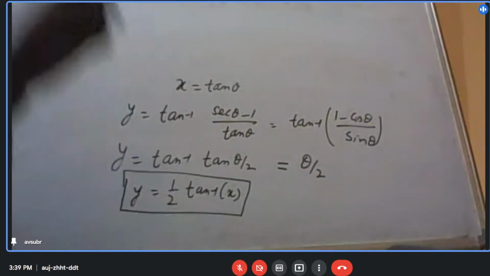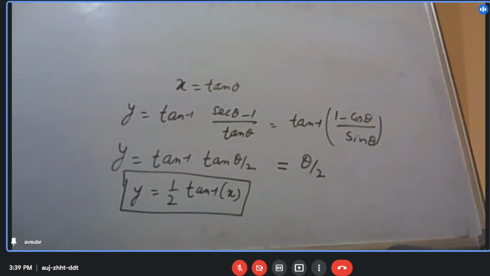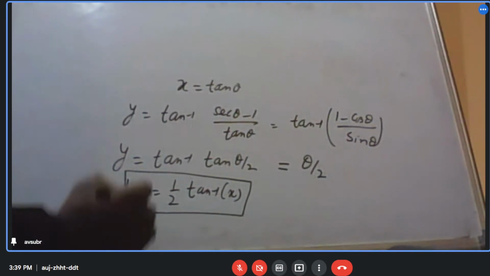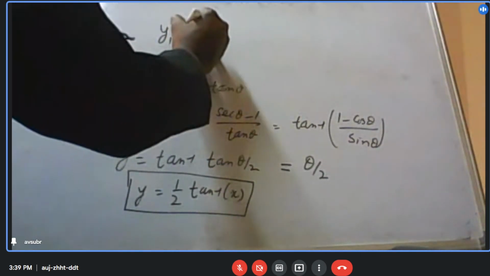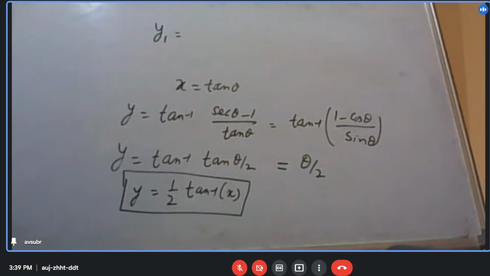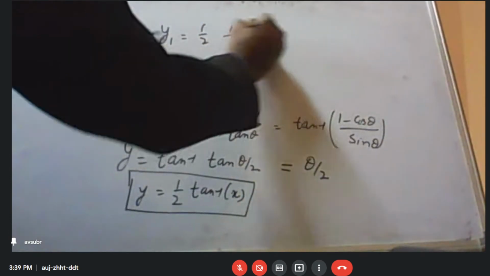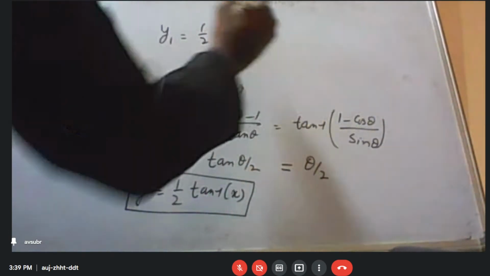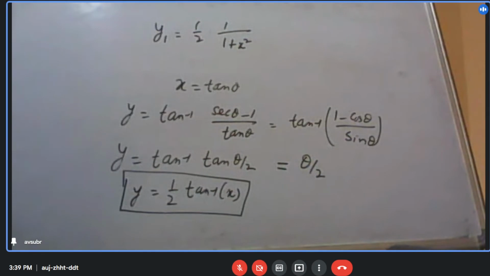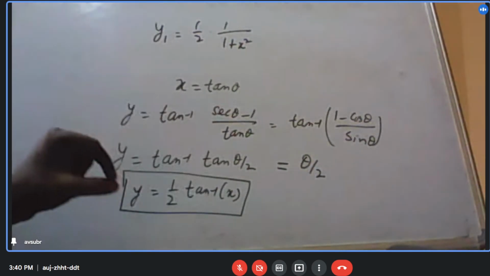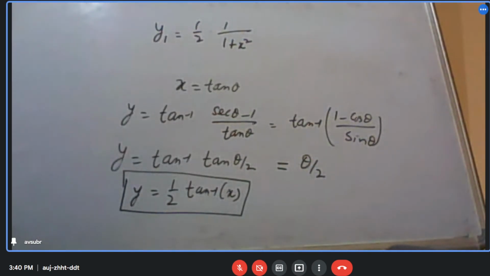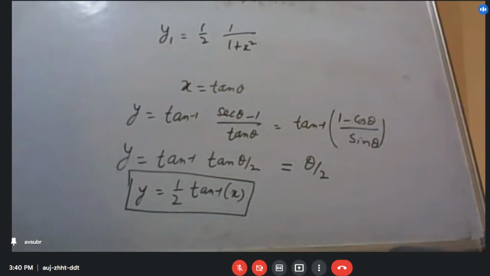So from that we get this. Once we get this, then differentiation. Once we differentiate it, what will we get? 1 by 2 into 1 by 1 plus x square. Okay? Differentiation of tan inverse x is 1 by 1 plus x square.